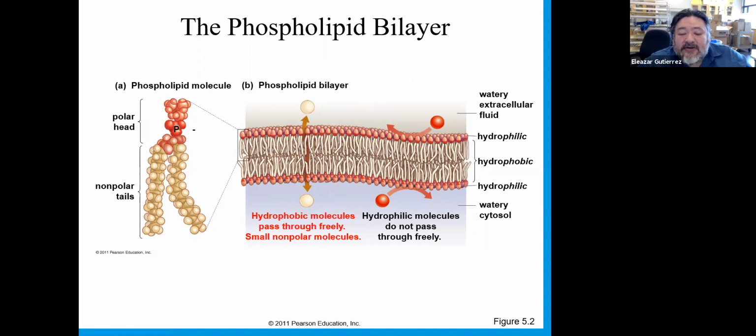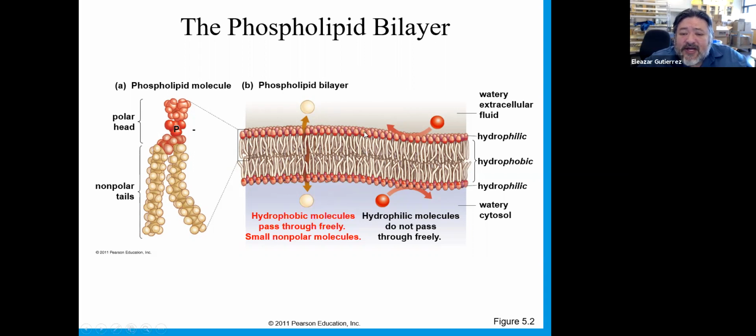Why do we care? We care because the phospholipid bilayer arranges like this because the polar heads want to associate with the aqueous environment outside of the cell, but the polar heads on the other leaf want to arrange with the aqueous or hydrophilic environment inside the cell.